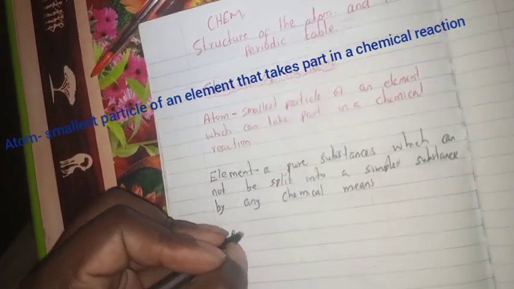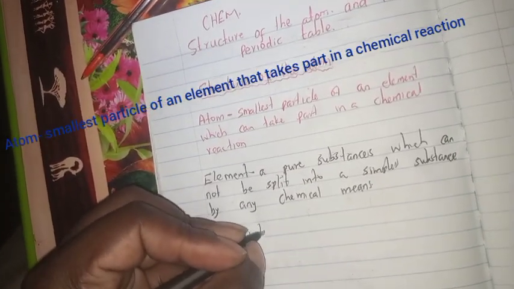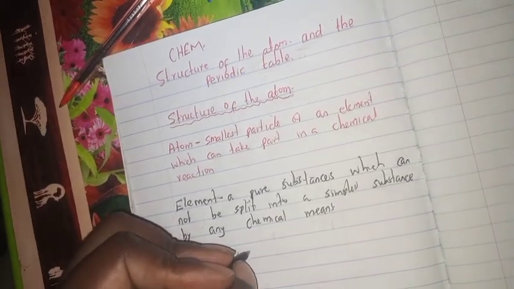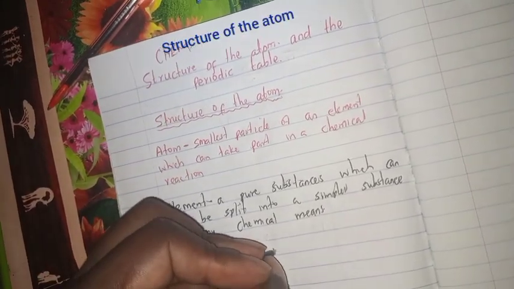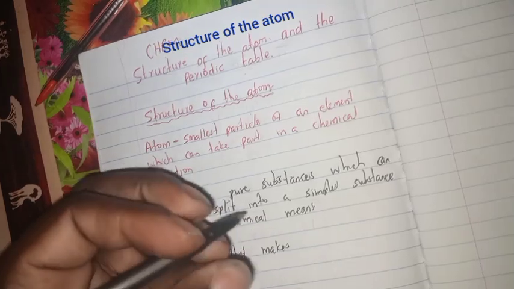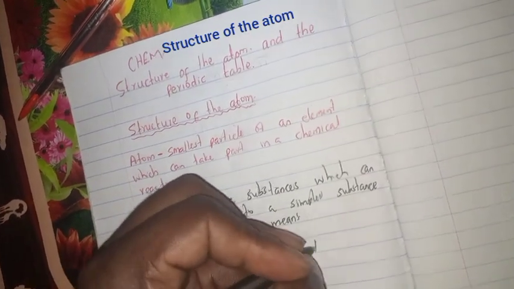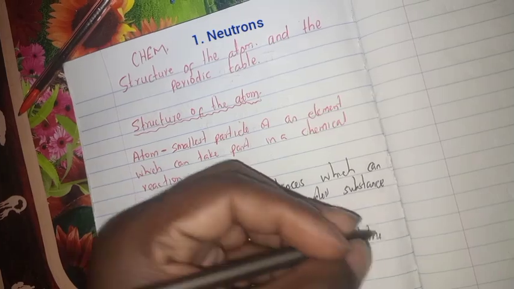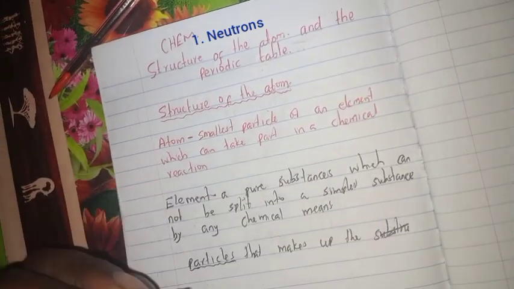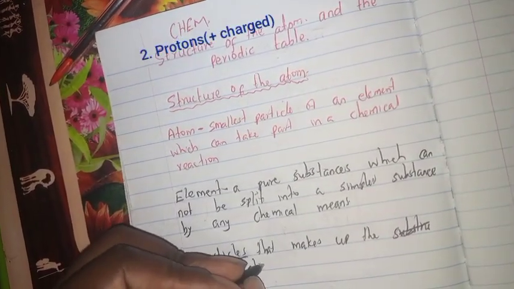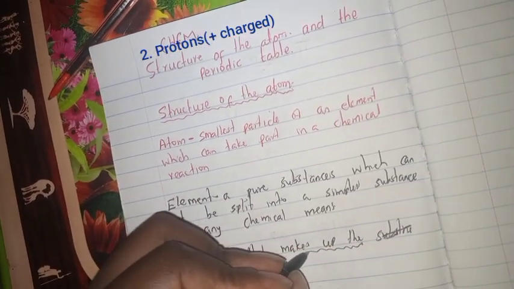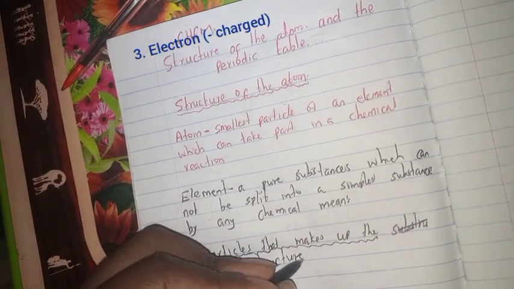The particles that make up the structure of an atom are three.